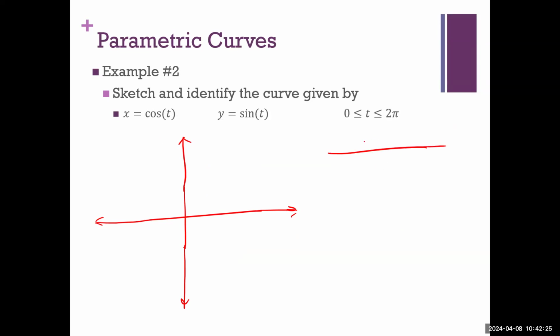What are some good t values to try? Zero, pi, and 2 pi are good. Let's see if that's good enough.